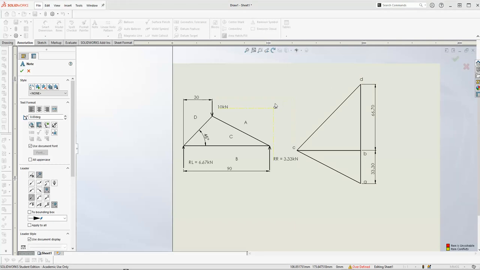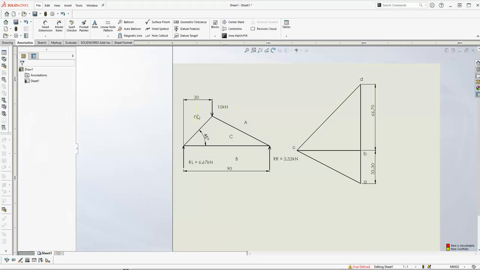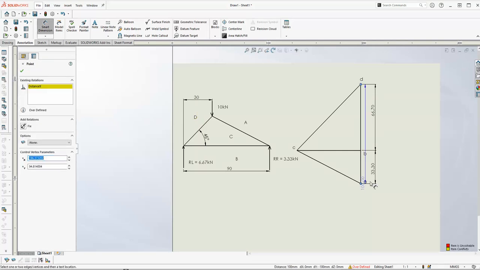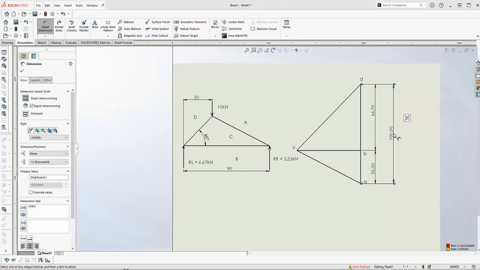And the last force that we don't actually have at the moment, we can't really draw it in, or we could, it's over the top, is D to A, which is this 10 kilonewton force. But remarkably, if we mention this, it's going to tell me this is overdefined as well, but never mind. Let me do it. Okay.